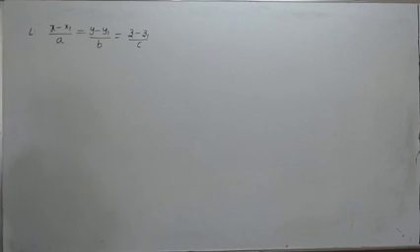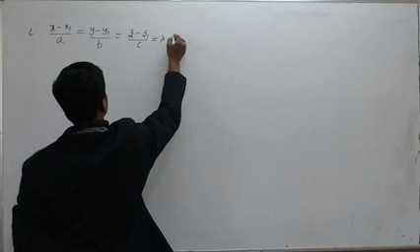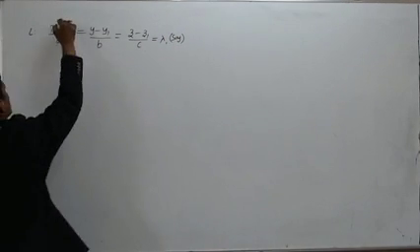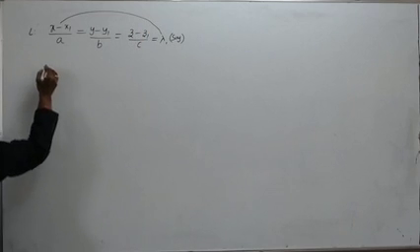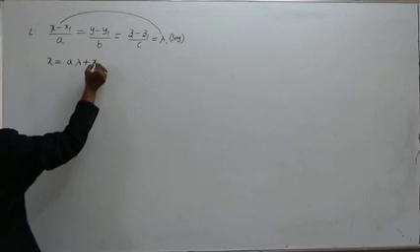Then x, y, z denotes what? Coordinates of any point on the line. That is a variable point. x, y, z is the coordinates of a variable point on the line L. Now, any point on the line L can be taken as follows. Suppose you say all of these are equal to lambda, then if you equate first and last, what will you get? x is equal to, directly I'm writing, a lambda plus x1.